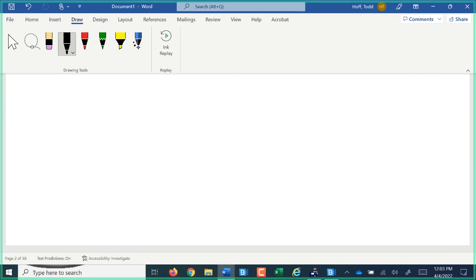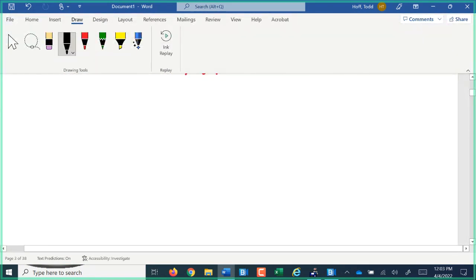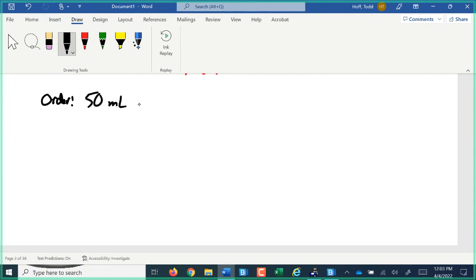Okay, so let's do a couple more examples here. In fact, I'm going to let you guys try one in your notes. The doctor here has ordered 50 milliliters to be administered every 8 hours for a patient that is 110 pounds.